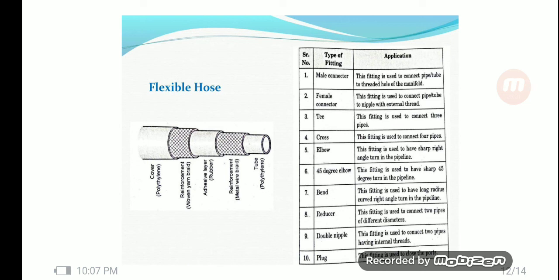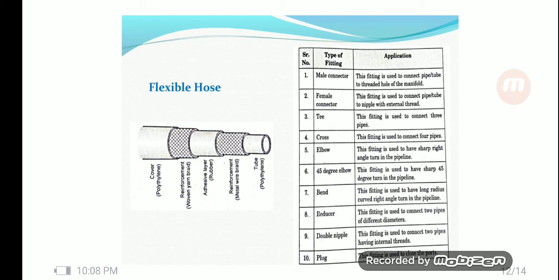The third type of fitting is the T. This fitting is used to connect three pipes. The fourth fitting is the cross. This fitting is used to connect four pipes. The next type of fitting is the elbow. The elbow is used to make a sharp right angle turn in the pipeline. The next type of fitting is the 45-degree elbow. The 45-degree elbow is used to make sharp 45-degree turns in the pipelines.